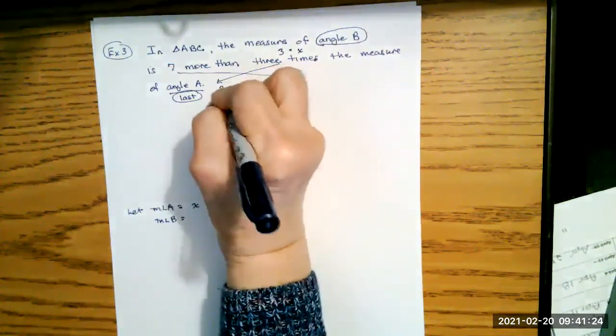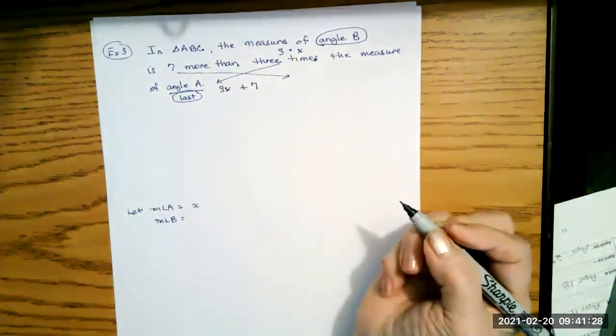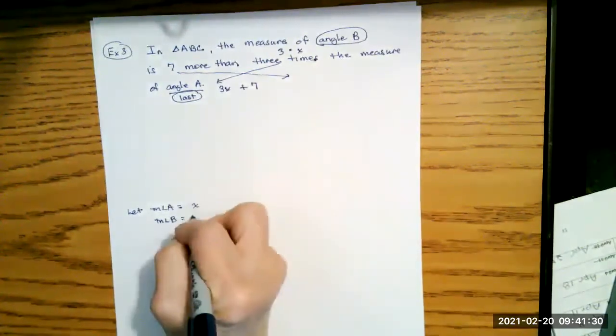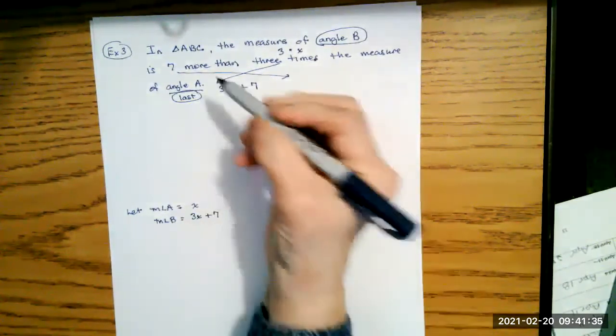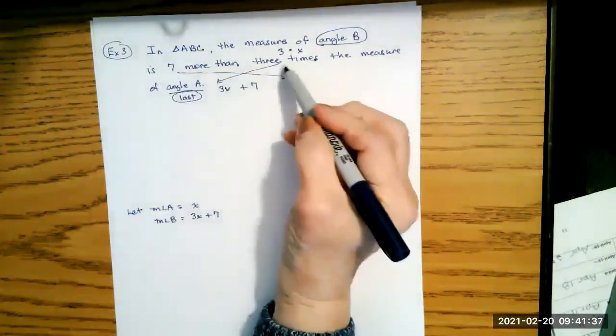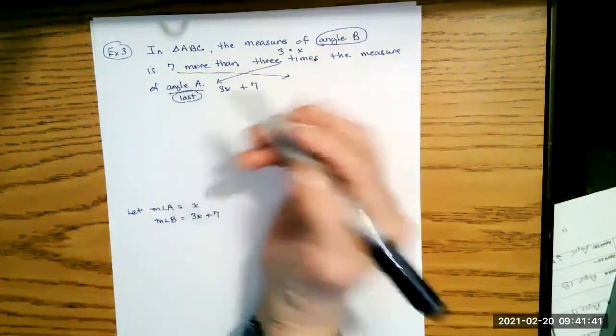So this is going to give us 3x plus 7 for our angle B. 3x plus 7 would be 7 more than 3 times the measure of angle A, which I let be x.